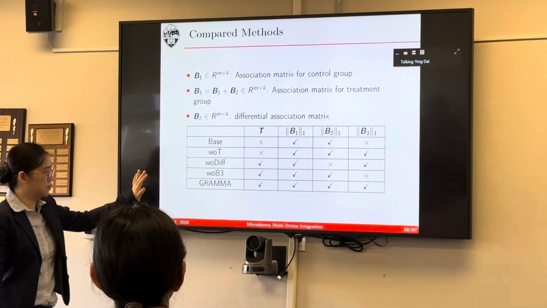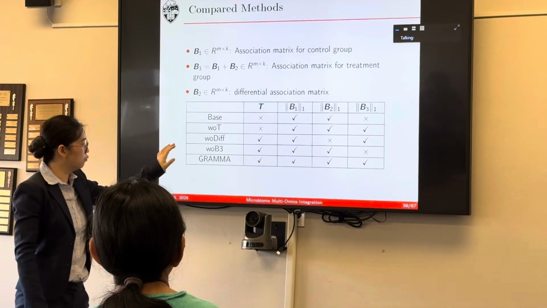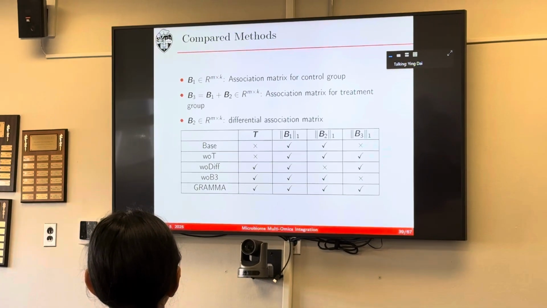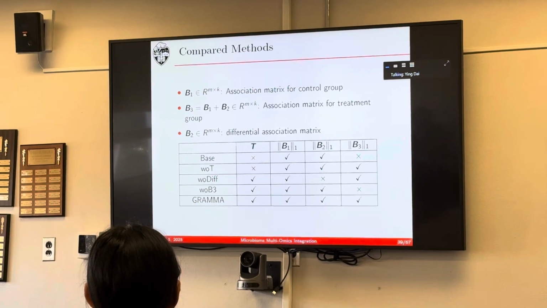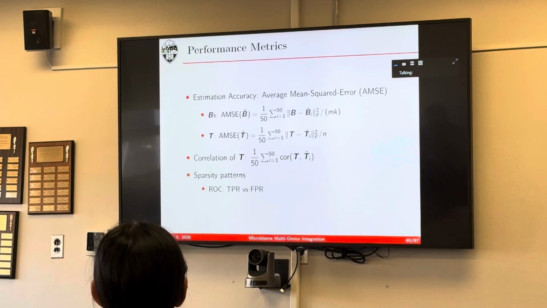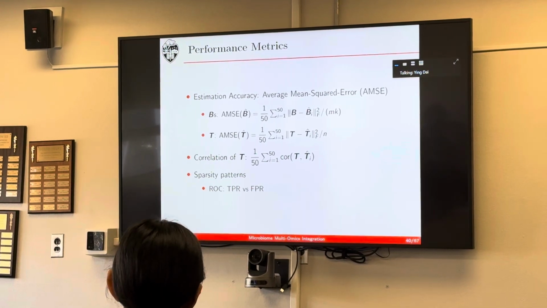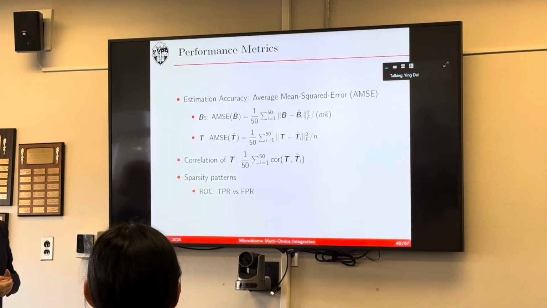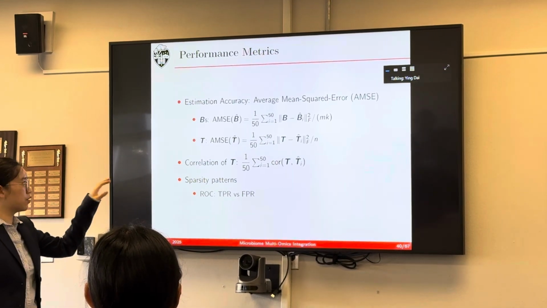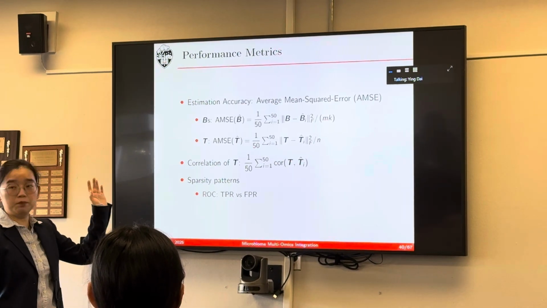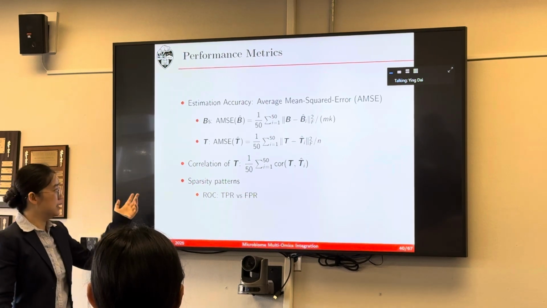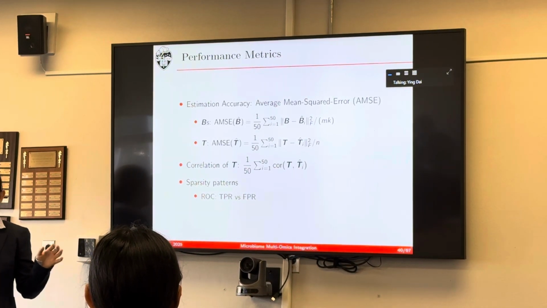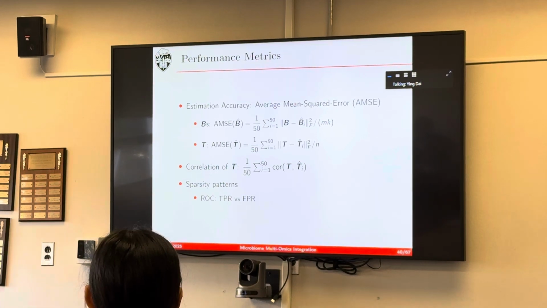Similarly, the without-diff and without-B3 methods are just losing one penalty term. To evaluate the performance, we calculate the estimation accuracy, the average mean square error, for all B's, B1, B2, B3, and T. We calculate the correlations of T, and lastly, we check the sparsity patterns using ROC curves.